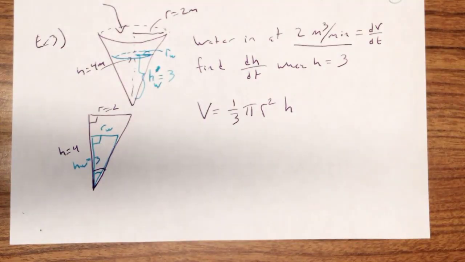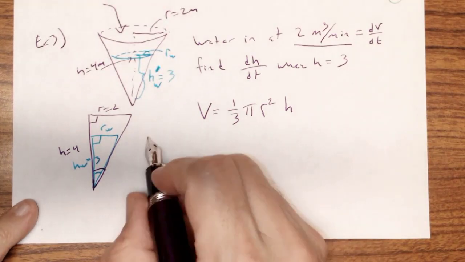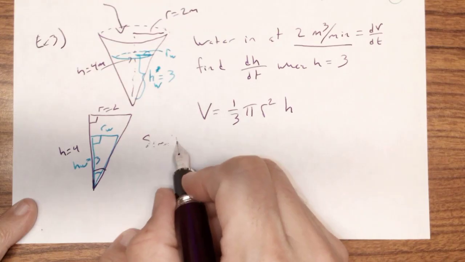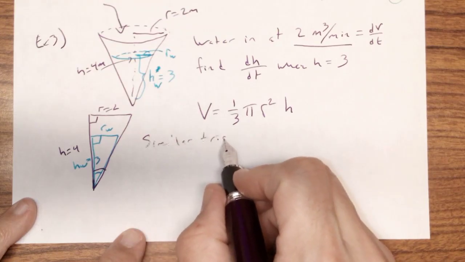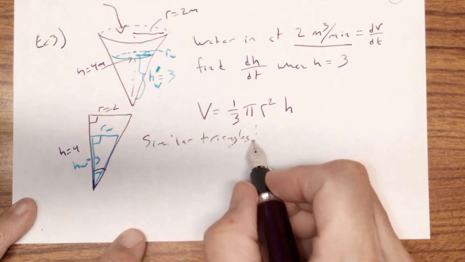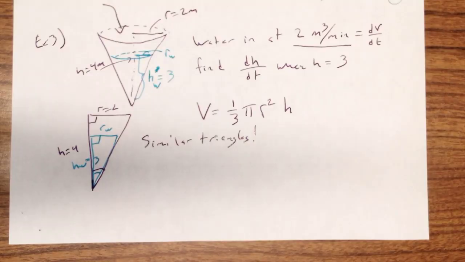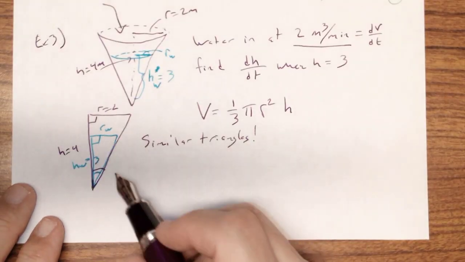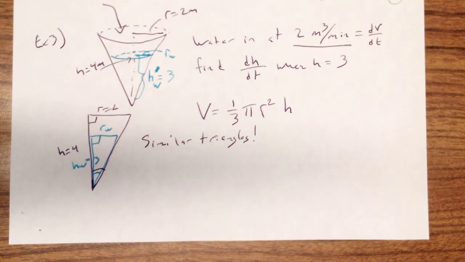My three triangles have all the same angles. That means they're the same shape. These are similar triangles. And that means that the ratio between these things is the same in each triangle.